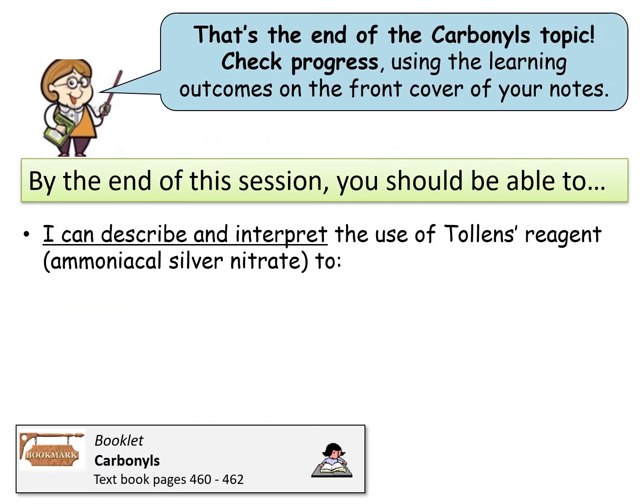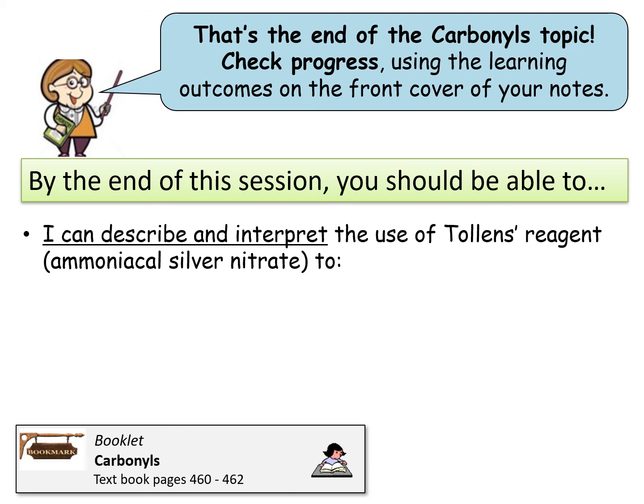That's the end of the carbonyls topic then. So time to check your progress using the learning outcomes on the front cover of your notes. You should now be able to describe and interpret the use of Tollens reagent, which remember is silver nitrate in ammonia solution, sometimes referred to as ammoniacal silver nitrate.